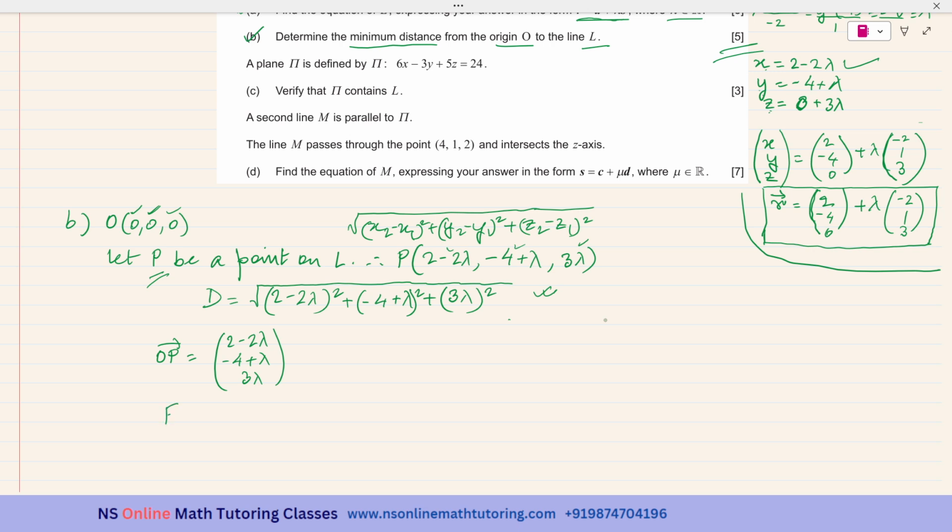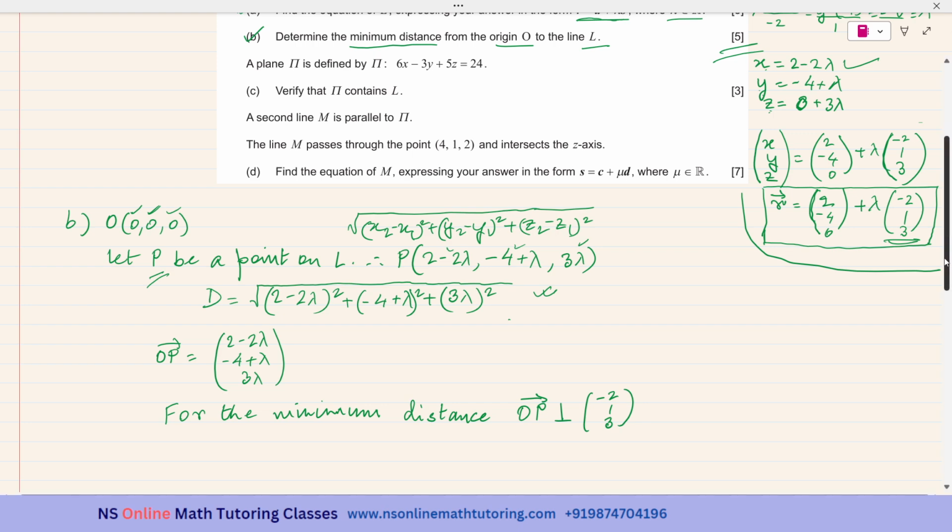So for the minimum distance, OP vector should be perpendicular to the line L. So what vector should we be taking? We should be taking the direction vector of the line L. So this OP vector should be perpendicular to negative 2, 1 and 3.